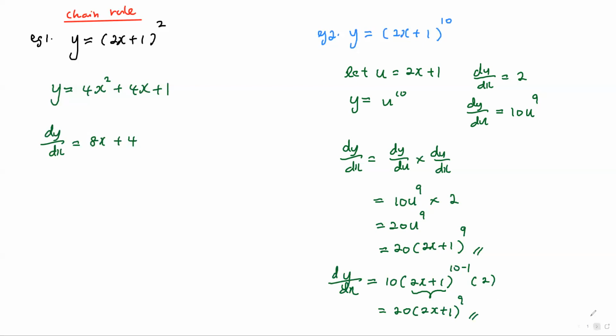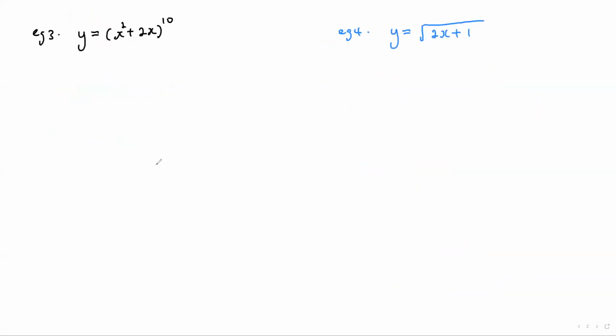Okay, so let's look at the next example. This is quite similar, power 10, a rather big power. So I'll apply the same technique. When we differentiate this, I'll bring down the power, keep what is the same for the inside, and the power would subtract by 1, so that makes it 9 now.